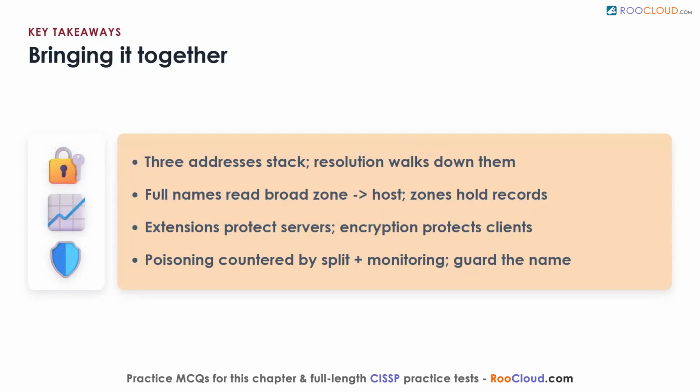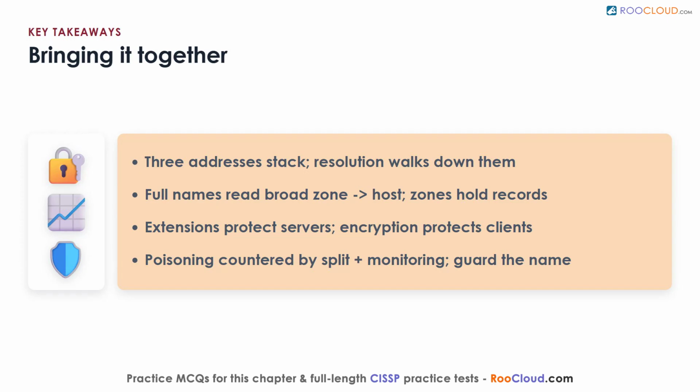So let's bring it together. Three address types stack, from changeable name to permanent hardware, and resolution walks down them. The naming system resolves hierarchical full names, whose parts read from broad zone to specific host. Zone files hold resource records, each a different kind of listing. Security extensions protect servers, while encrypted resolution protects clients.